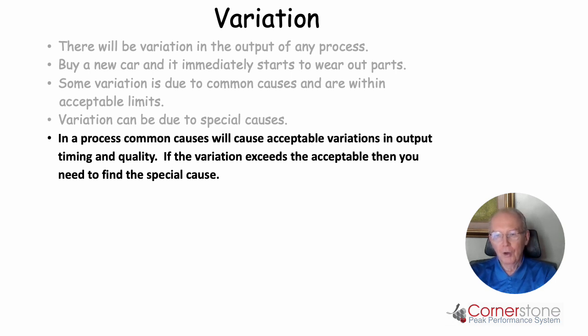In that case, you're lowering the acceptable upper limit and raising the acceptable lower limit. But if the variation exceeds the acceptable, then you need to look and say, where is the special cause? What is causing this to go out of the norm?